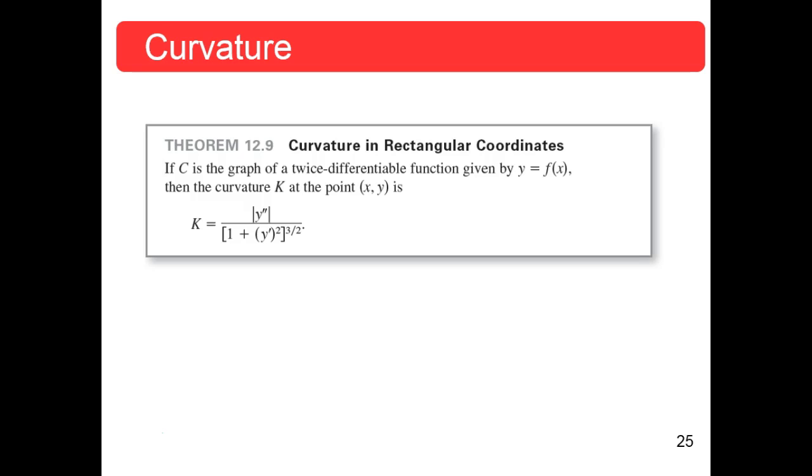That's what it is, okay? Y is a twice differentiable function. C is the curve, that's the graph of that twice differentiable function. Then the curvature at any point xy is your y double prime divided by 1 plus y prime squared to the 3/2 power.